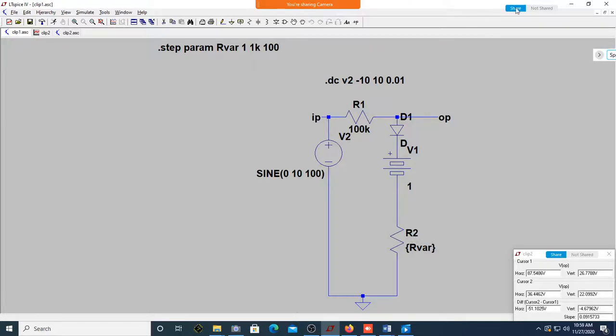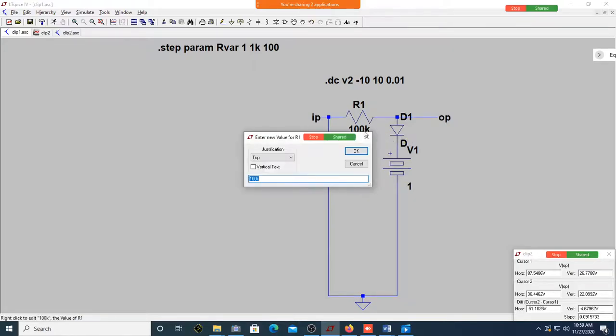I'll make it visible. Since I can't make this diode voltage 0, of course there will be some 0.6, 0.7 volts. So just bear with me on that.